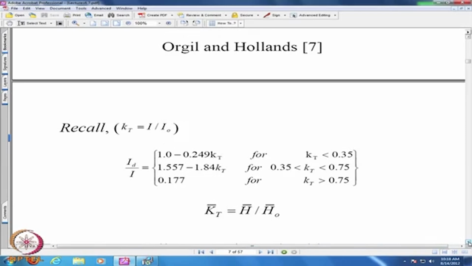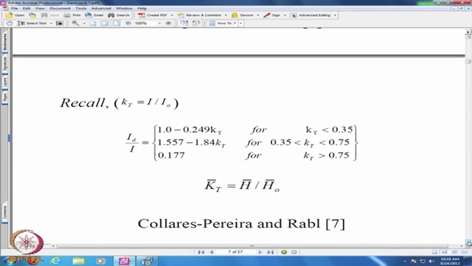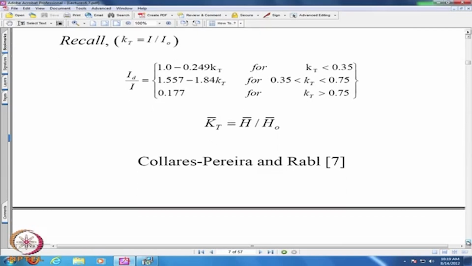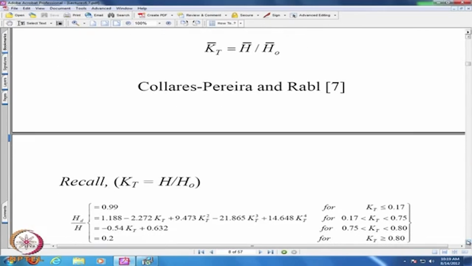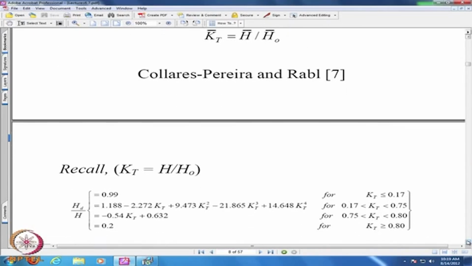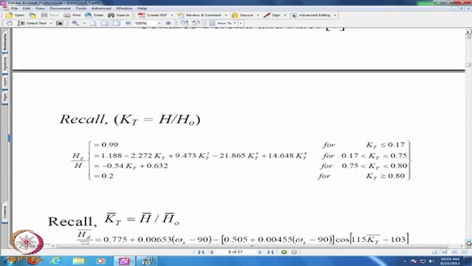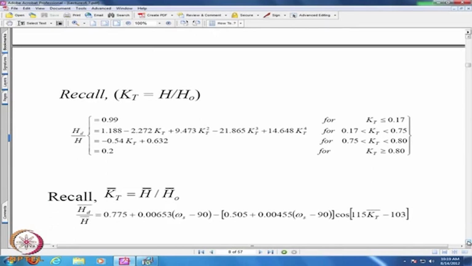Correspondingly, you may define a KT bar, the monthly average daily clearness index, as the corresponding ratio of terrestrial radiation to the extraterrestrial radiation, and Collares-Pereira and Rabl have given the relations for the daily diffuse fraction in terms of the daily clearness index, that is Hd by H, and also Hd bar by H bar, which is nothing but the monthly average daily diffuse radiation to the monthly average global radiation.